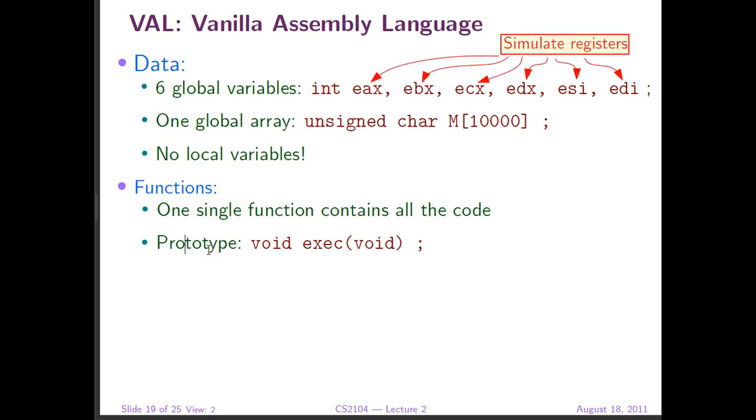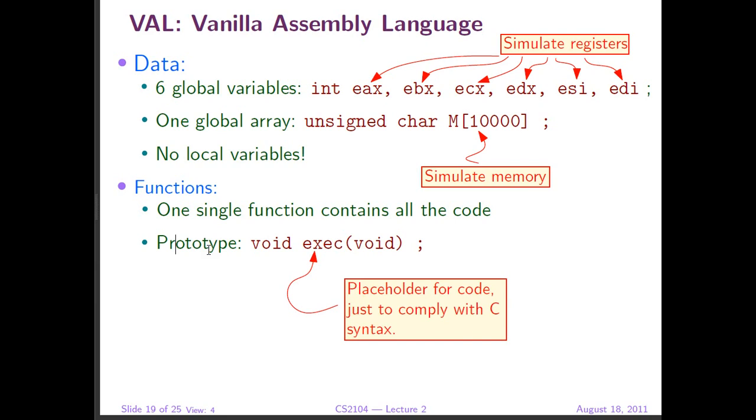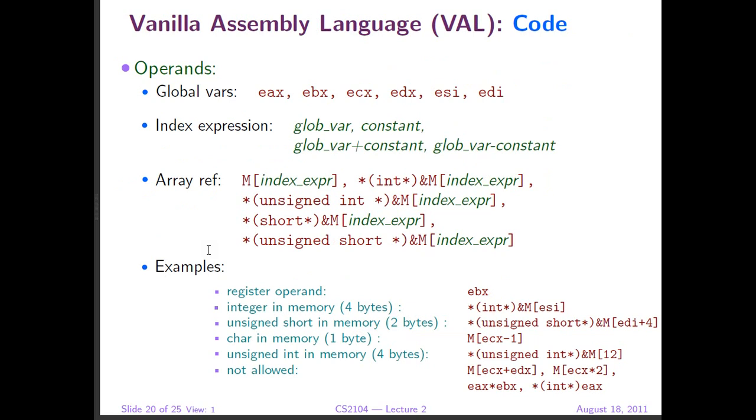We'll see how. So these variables simulate registers. The array simulates memory. And exec is just a placeholder for code, just because we need to comply with C syntax.